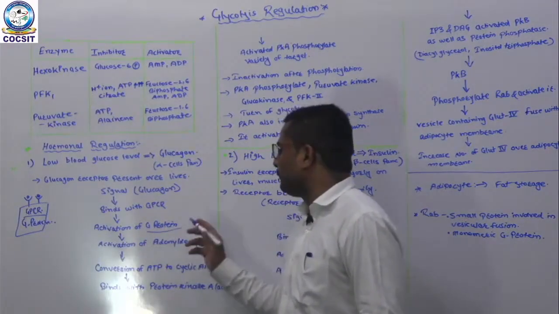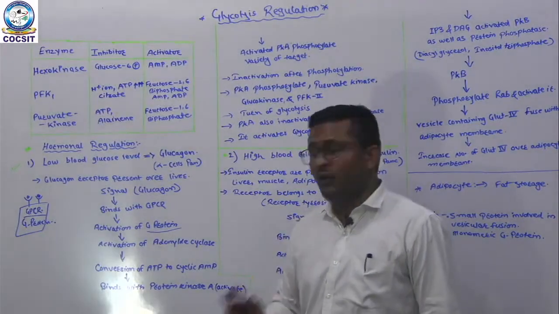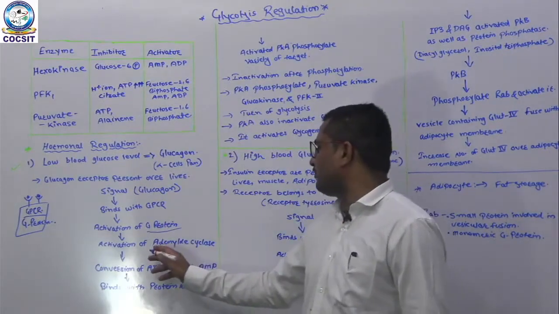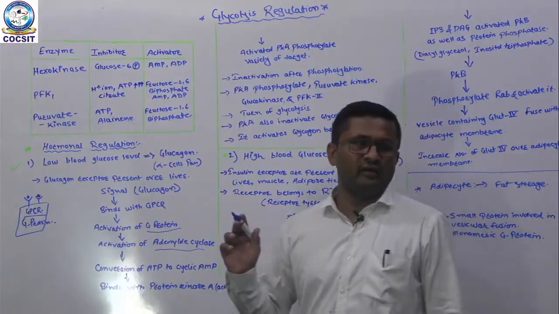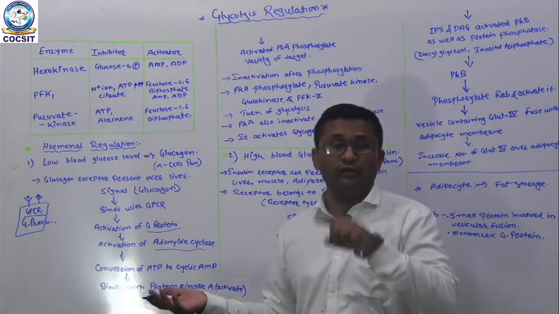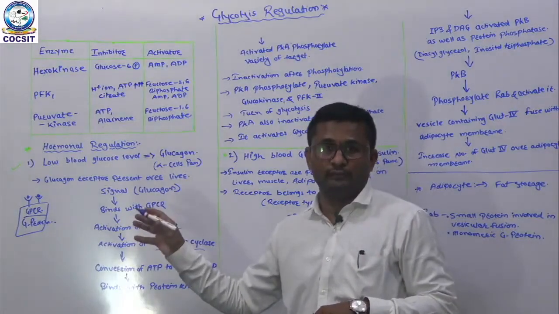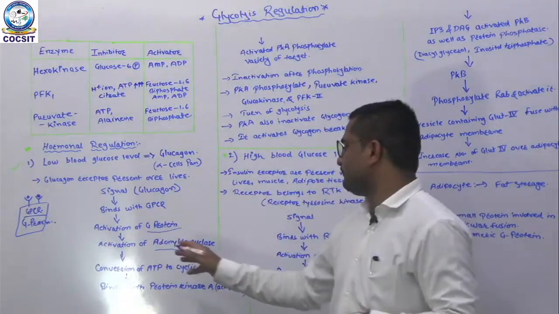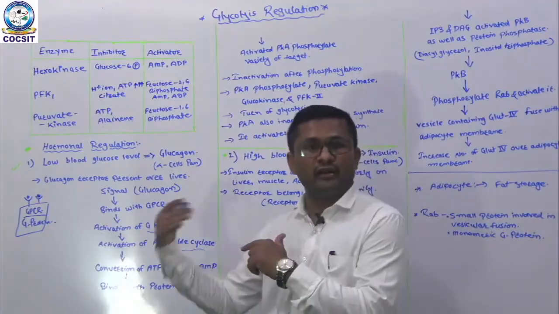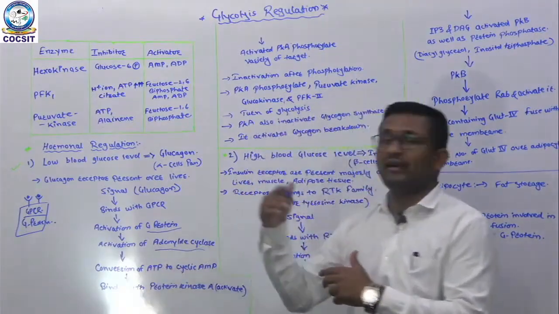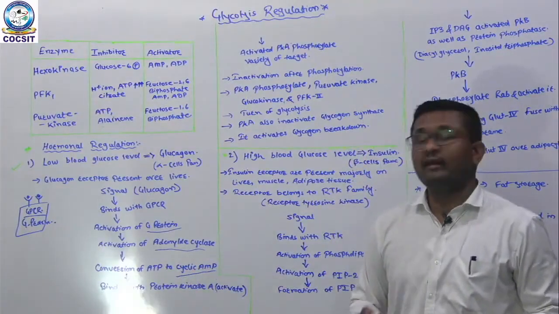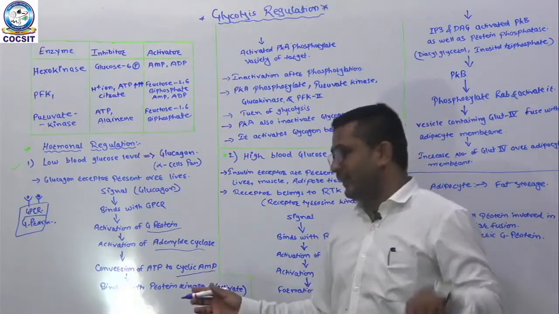So initially the G protein is getting activated. Activation of the G protein will lead to the activation of adenyl cyclase. Remember, all this is happening inside the liver only. So adenyl cyclase gets activated, and it converts ATP into cyclic AMP.